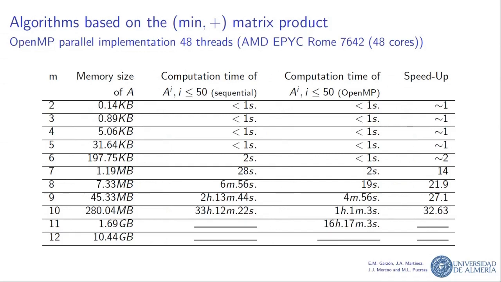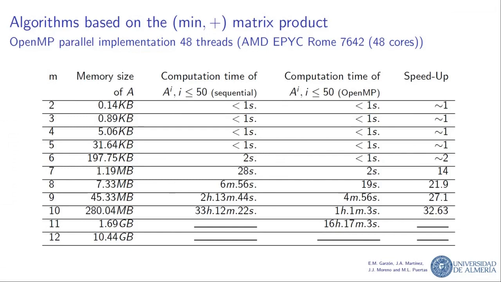However, for cases 7, 8, 9, and 10, you can see that the speedup is increasing. And in the largest case that we did with both methods, which is n equal 10, we needed 33 hours in the first case, but just 1 hour in the second one.